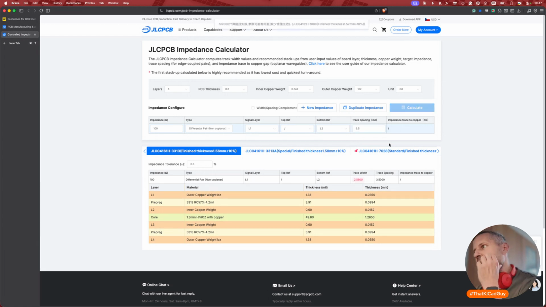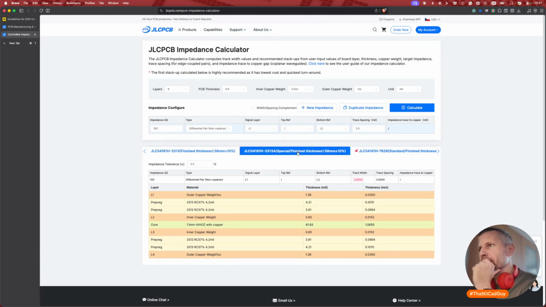So this stack up doesn't work. This one is the same probably. I don't know why the number is red. Yeah, because it's not correct.